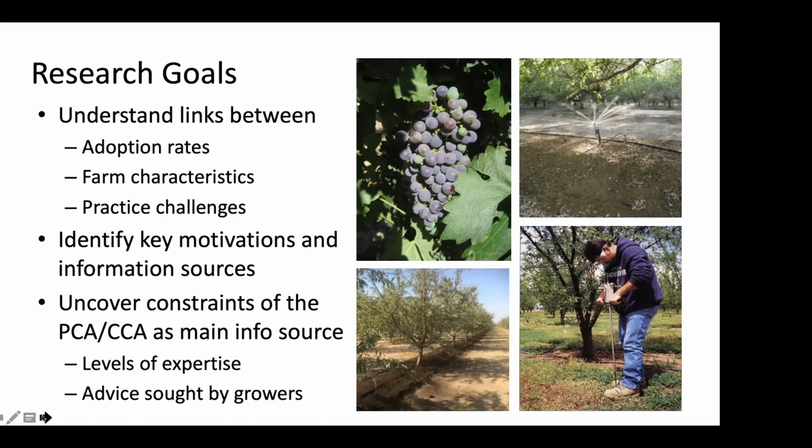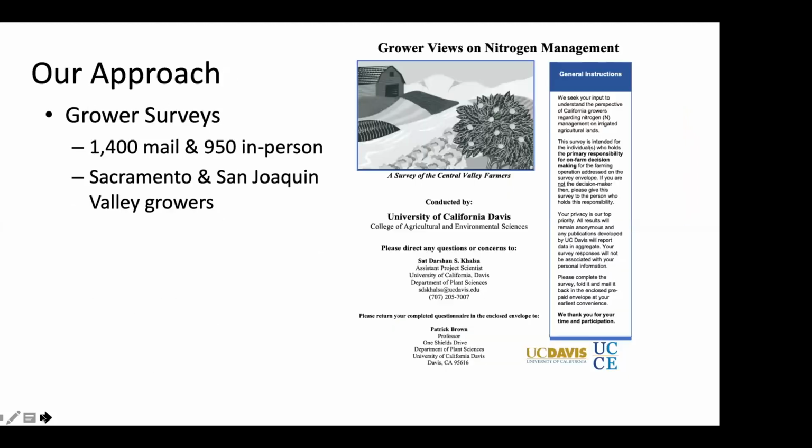So spoiler alert, growers identified the CCA and PCA as the main person they turn to for information. So we also wanted to understand what constraints you all have when it comes to sharing your expertise and advice with growers. So we did surveys with CCA and PCAs as well.